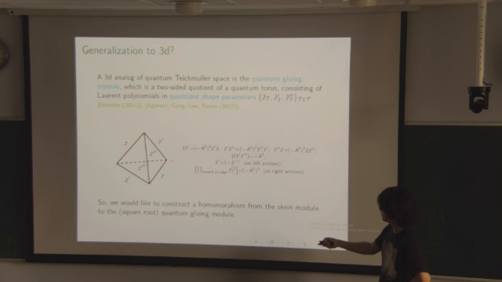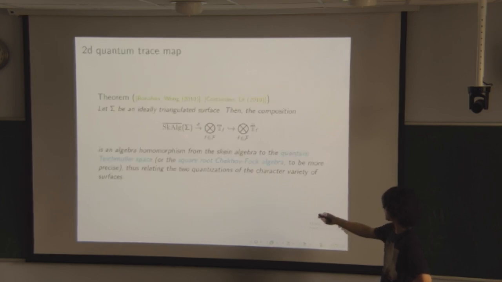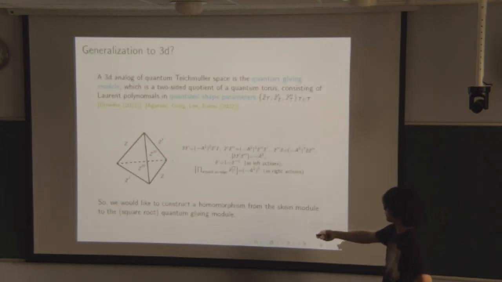And here, just like in the 2-dimensional quantum trace map, actually the map we get is not exactly to the ordinary quantum Teichmüller space, but rather a quantum torus consisting of Laurent polynomials and square roots of the quantized shear parameters. We might need some square root variables. So that's the problem we wanted to solve.